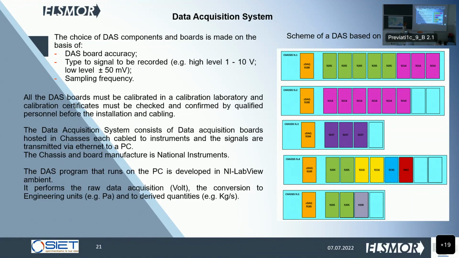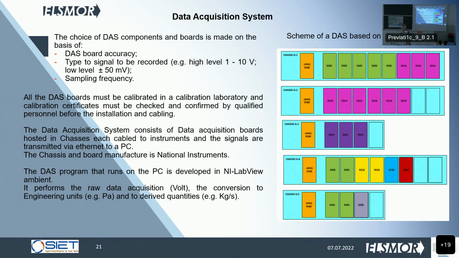We have chassis that contain data acquisition boards, and these boards are different depending on the signals they are going to record. So we may have boards to record high-level signals, I mean 1 to 10 volt, or also low-level signals, plus minus 50 millivolt, because different instruments provide different signals.